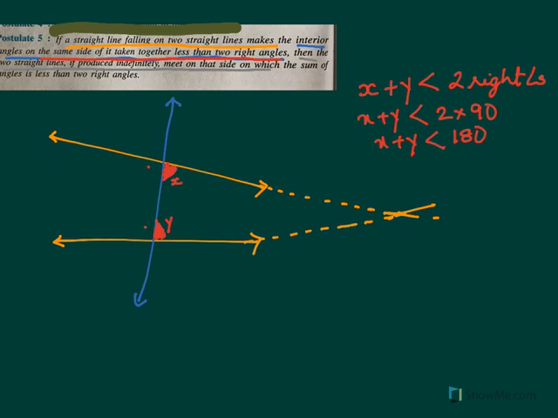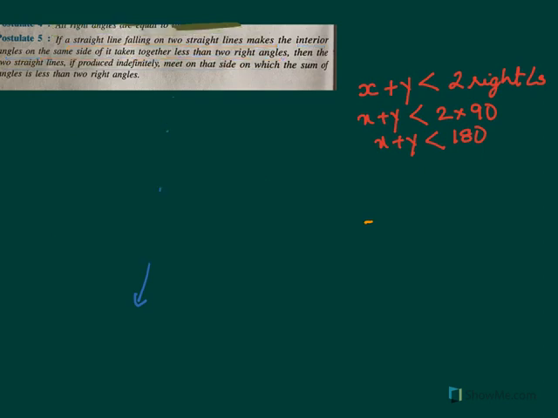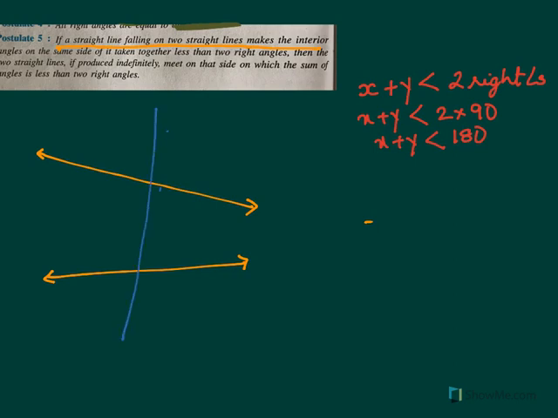Okay, so let me repeat again. If a straight line falls on 2 straight lines, we drew one straight line and another straight line. I don't draw them parallel because it's not given to me. And there's another line falling on these lines. So this blue line is falling on those 2 yellow lines. Then the interior angles on the same side, not on separate sides.